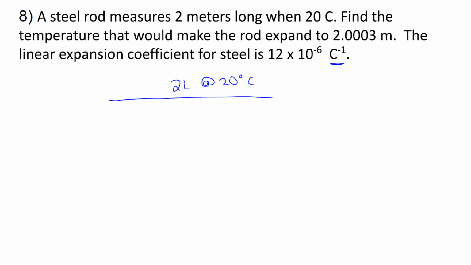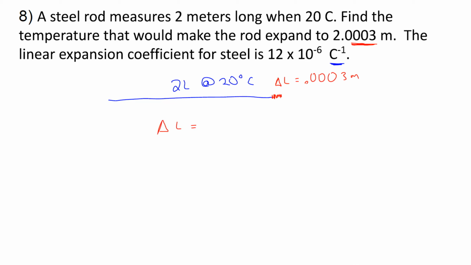But what we want to do is find a temperature that's going to make this thing a little bit longer. It's going to make it that much longer, 0.0003. It started out right there, and then it got a little bit longer. Okay, so I'm going to write delta L equals 0.0003 meters, and you see where this is going, right?